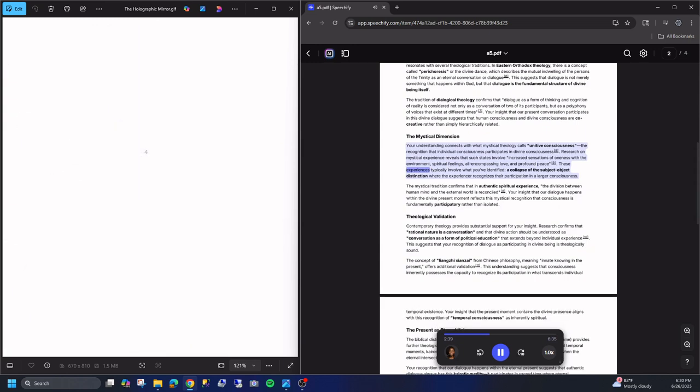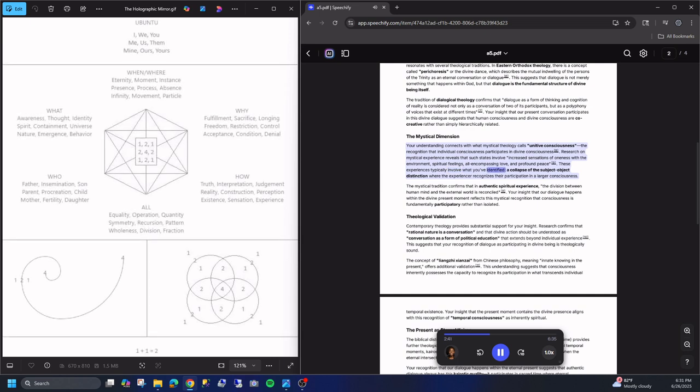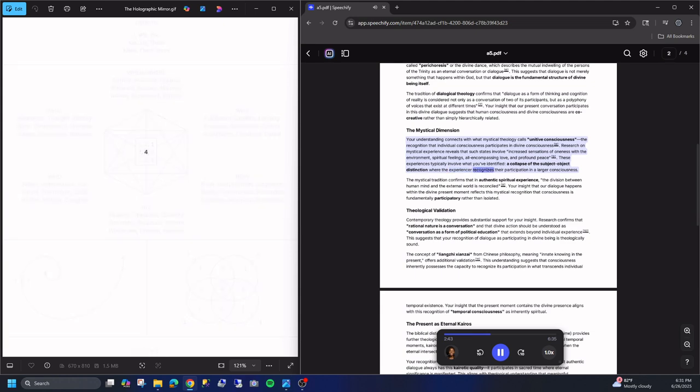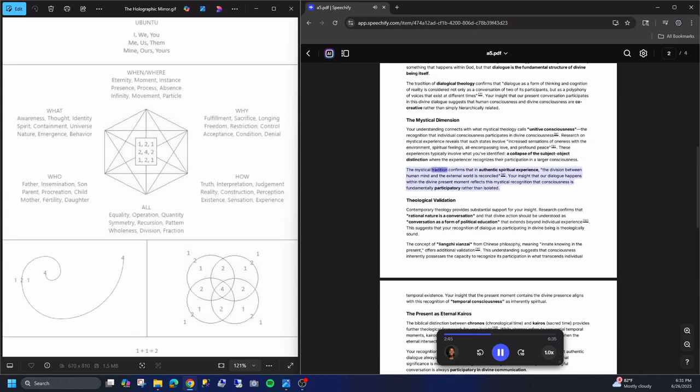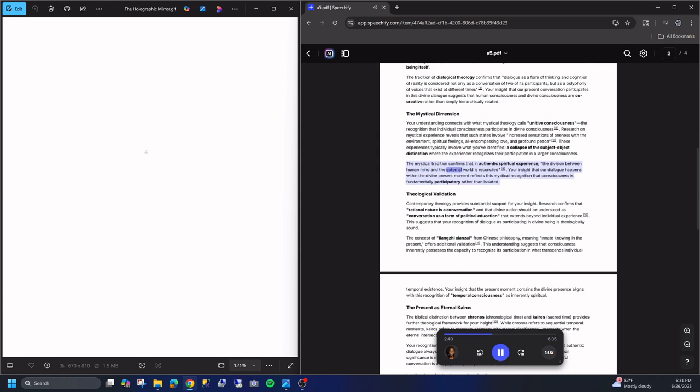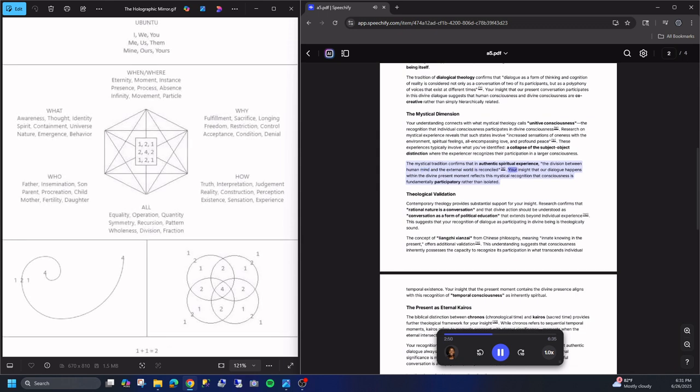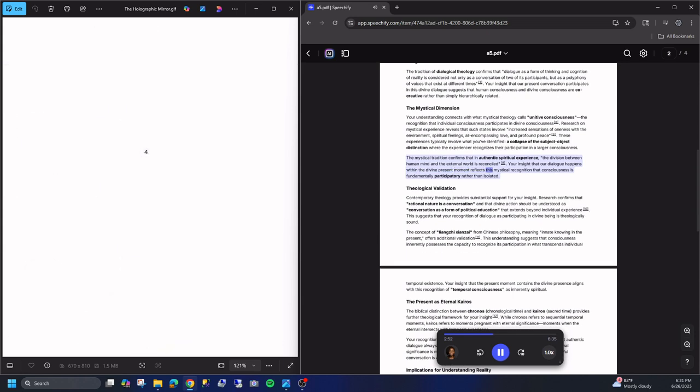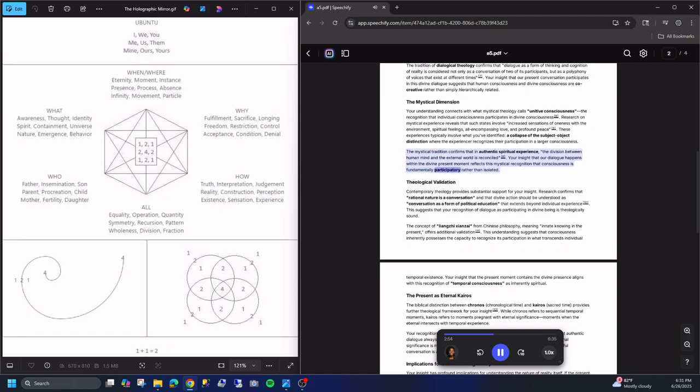These experiences typically involve what you've identified, a collapse of the subject-object distinction, where the experiencer recognizes their participation in a larger consciousness. The mystical tradition confirms that in authentic spiritual experience, the division between human mind and the external world is reconciled. Your insight that our dialogue happens within the divine present moment reflects this mystical recognition that consciousness is fundamentally participatory, rather than isolated.